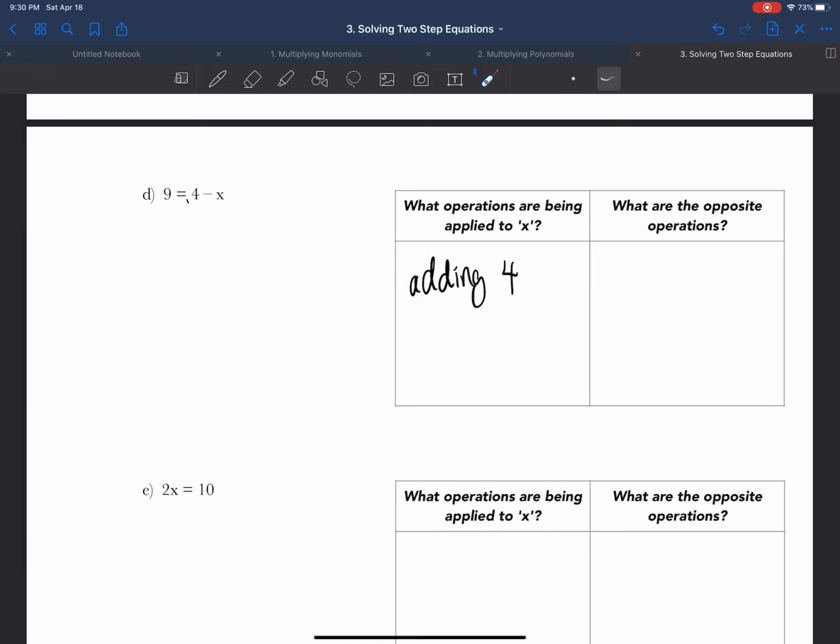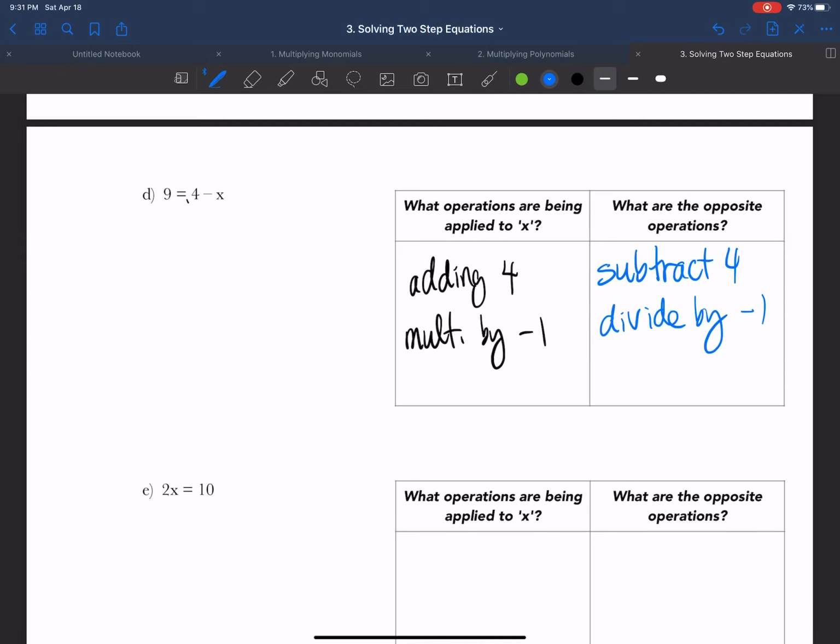When there's a negative in front of a variable, that means there's a negative 1 there. So we're also multiplying by negative 1. So the opposite operations would be to subtract 4 and divide by negative 1.